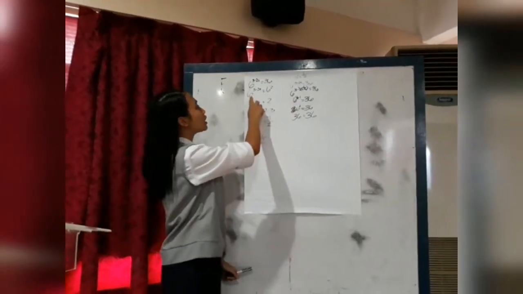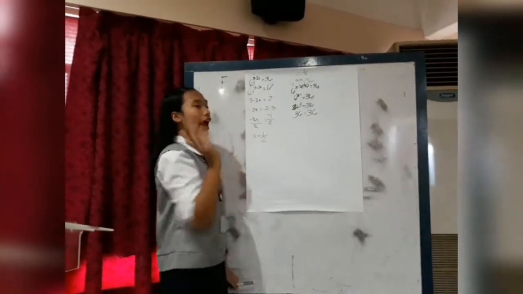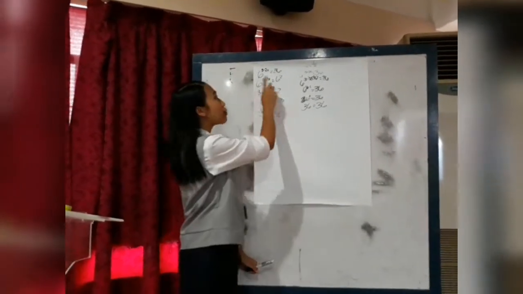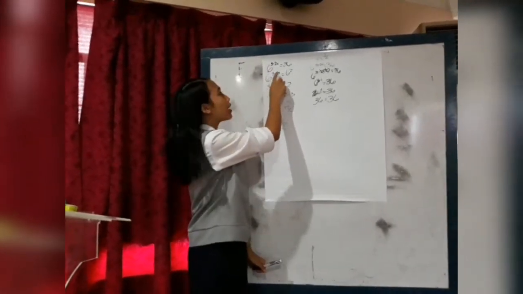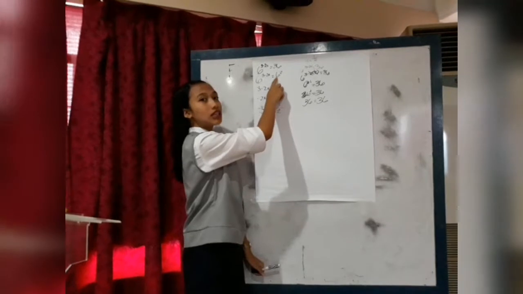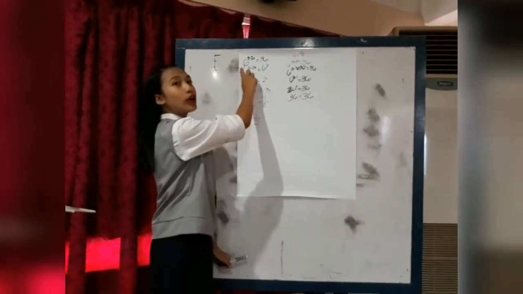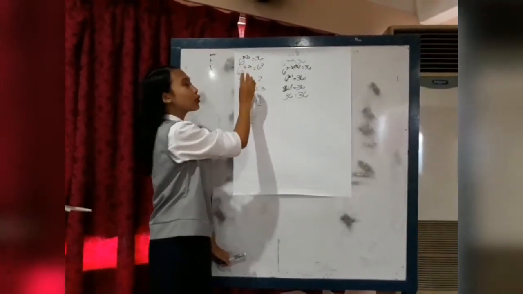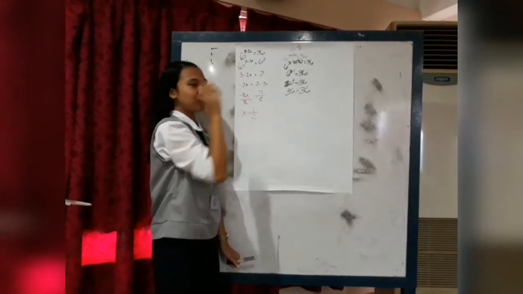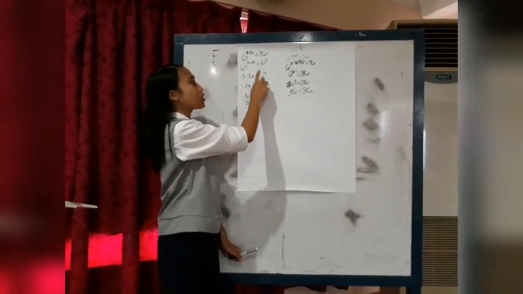So we have to find the same base. So 6^(3-2x) is equal to 6 to the power of 2. So we're going to cancel the same base, and then we're going to put down the exponent. 3 minus 2x is equal to 2.